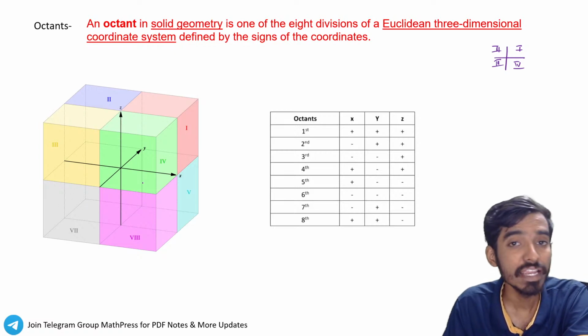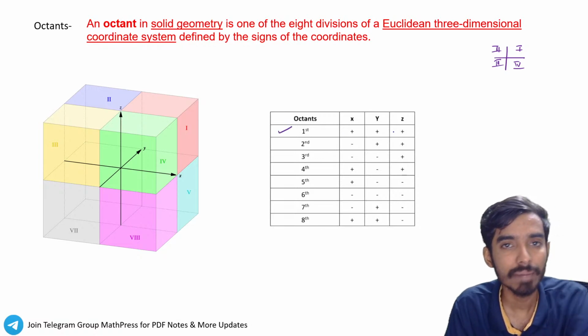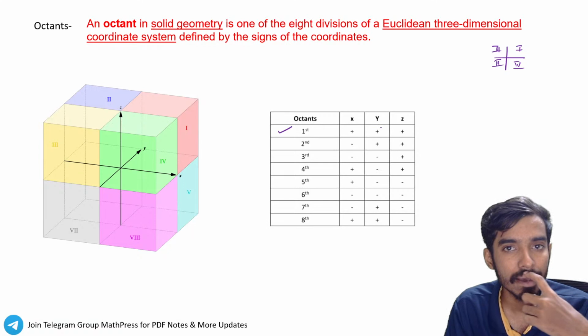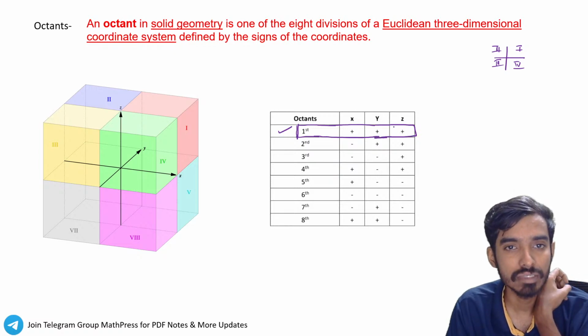So there are 8 octants in a 3 dimensional system, and you just remember this: in the first octant all are positive, that is x, y, z all are positive, right? 99% of problems will be based on the first octant. So in the first octant x is positive, y is positive, z is positive, right?